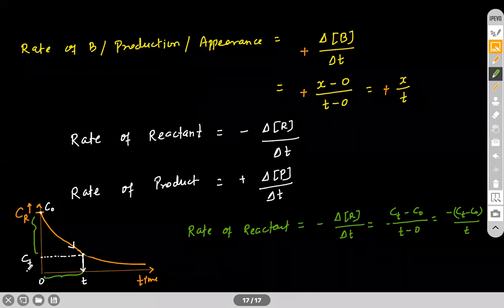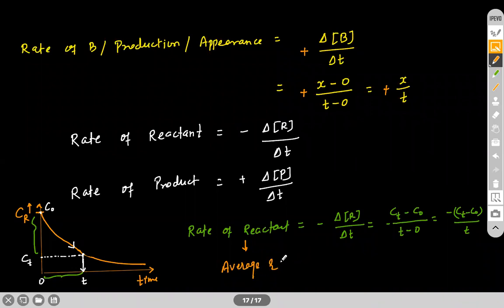That is the rate we are calculating. Since it is over a period of time, we call it the average rate. So two types of rate we have, average and instantaneous.